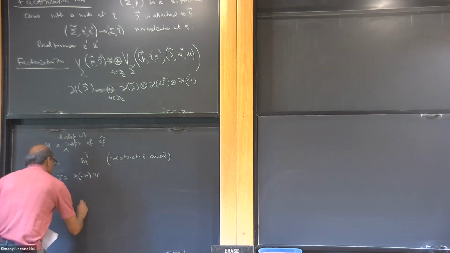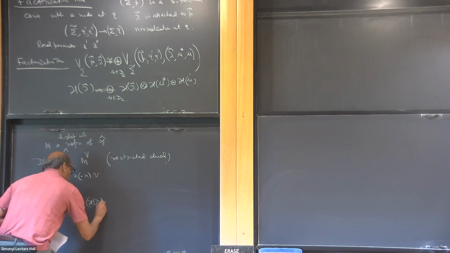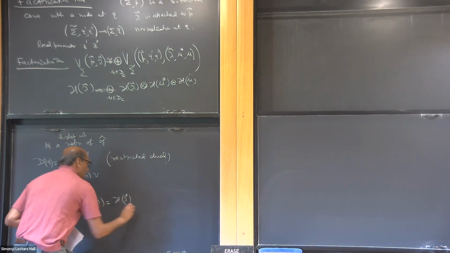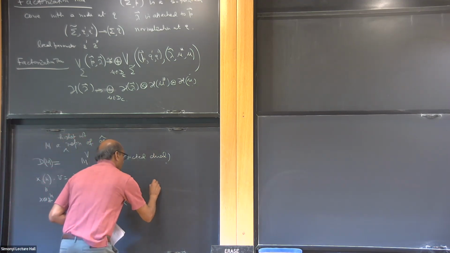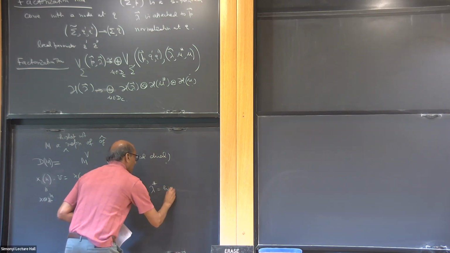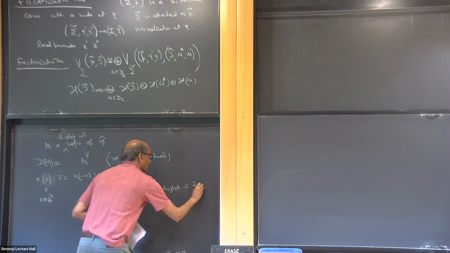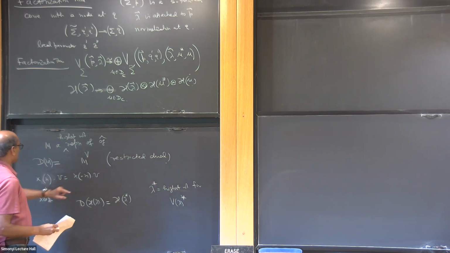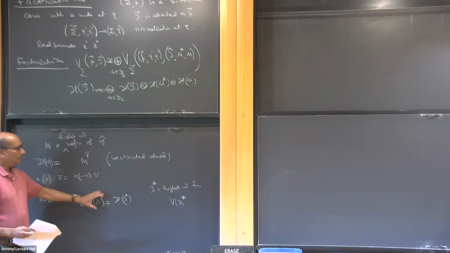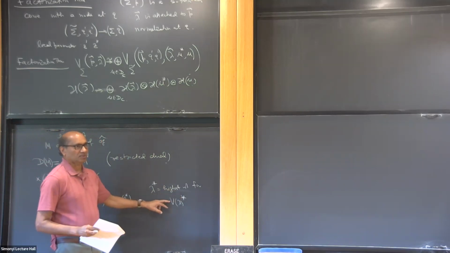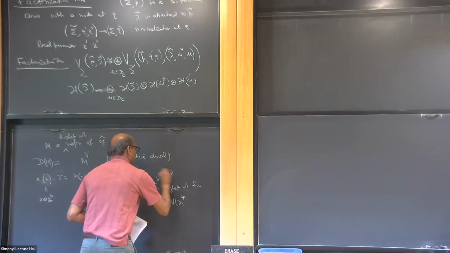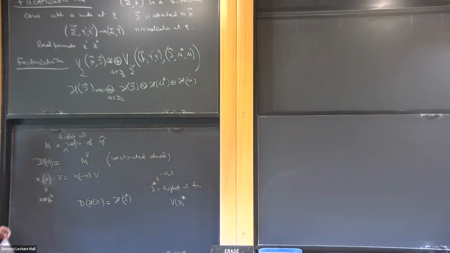And if I take D of H lambda, then it's very easy to see that it becomes H of lambda star, where lambda star is the highest weight for V lambda star. Now, V lambda was the highest piece in H lambda, the finite dimensional irreducible module with highest weight lambda, and I'm taking the dual of that. This also is given by minus w_0 lambda, with w_0 being the longest element of the finite Weyl group.